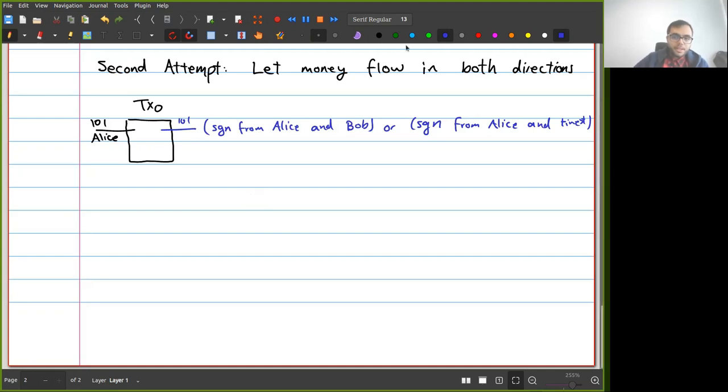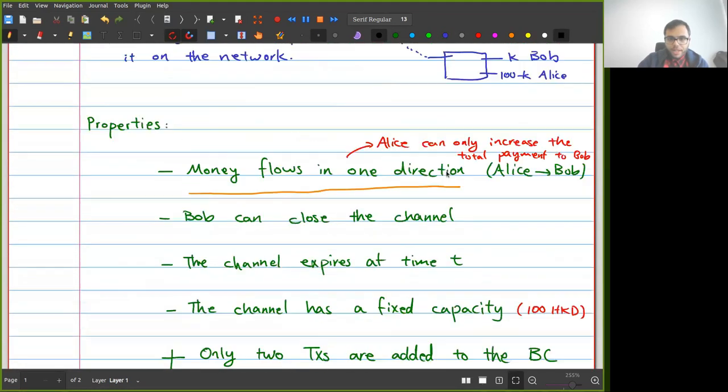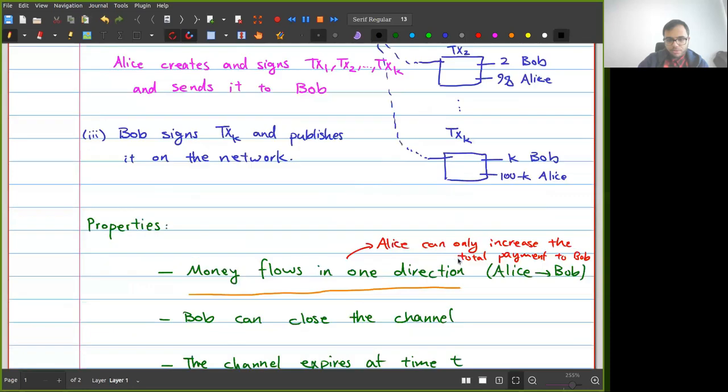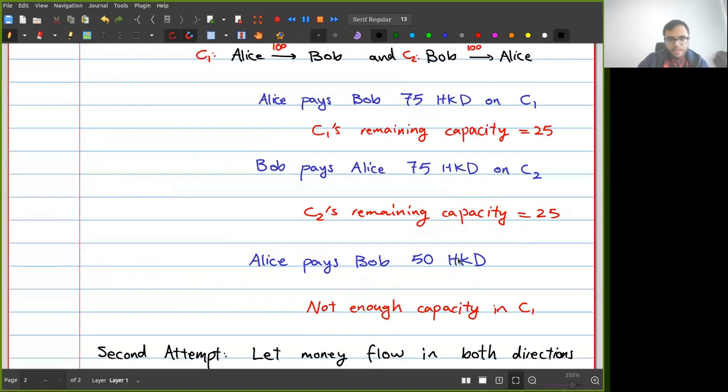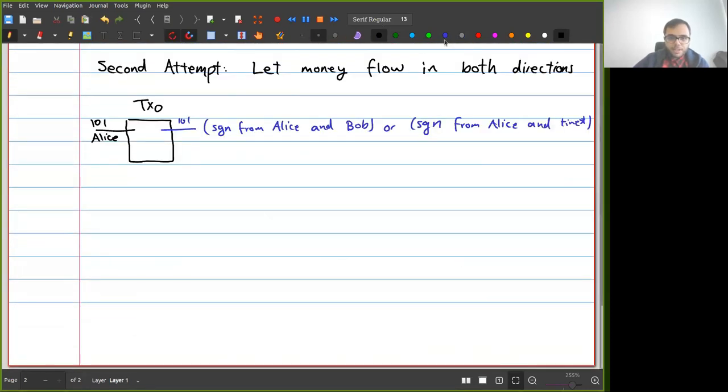Now here's the thing. As I create the transactions just like before, as I create this transaction 1 to K, I saw that I can increase my payment to Bob. So let's say this is transaction 1. It is paying 1 unit to Bob and 99 to Alice.